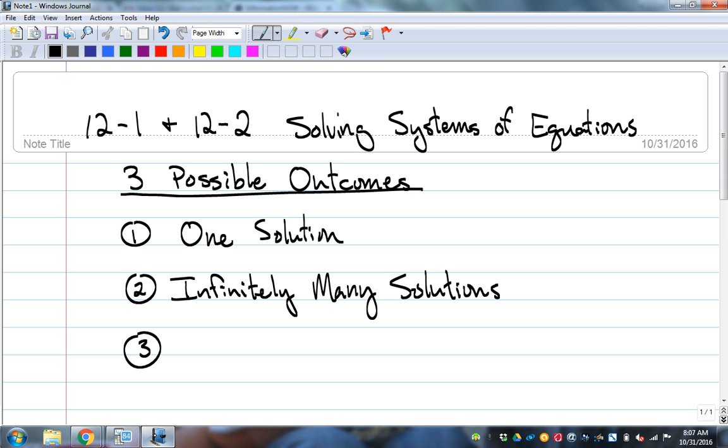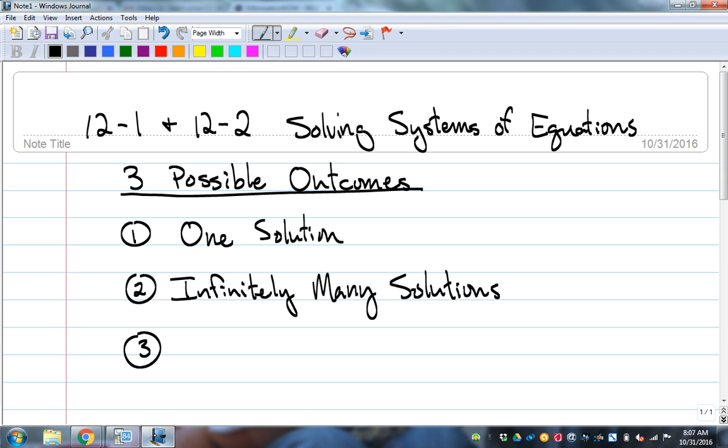Okay. So if we're solving a system of equations, no matter what size it is, it can be a two-variable system of equations. It could be a three-variable system of equations. That's what we'll do mostly in here. It could be a 20-variable system of equations. Doesn't matter what size the system is, there are only three possible outcomes.